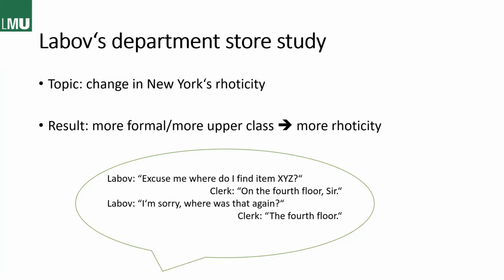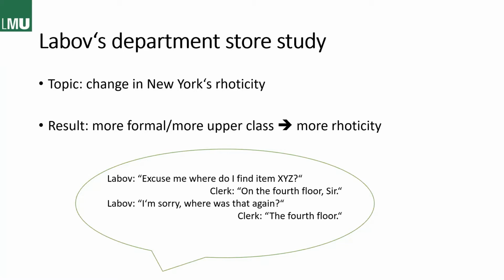Then Labov would pretend not to have understood. He wanted to make the clerk repeat it to make a more formal situation out of it, or to make the clerk think about their words more. He said, "I'm sorry, what was that again?" Something like that. And the clerk said again, "The fourth floor."